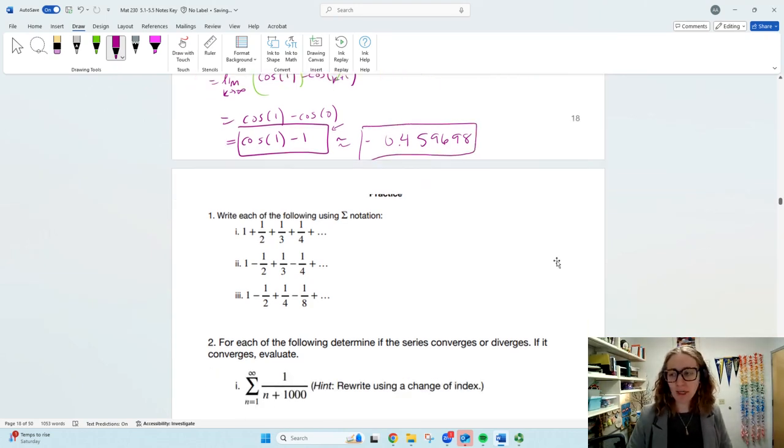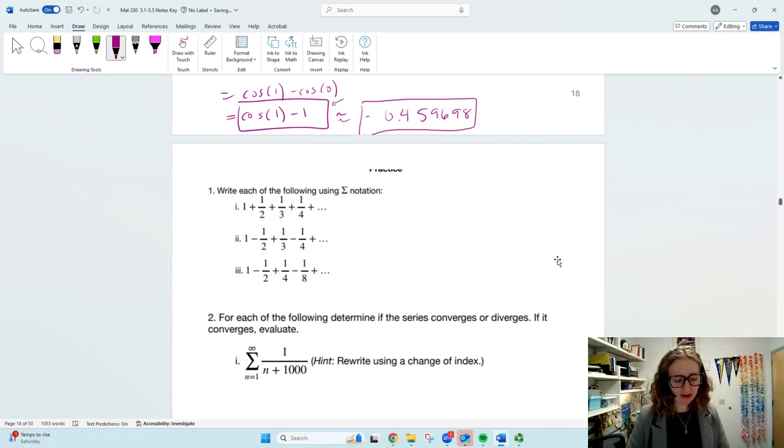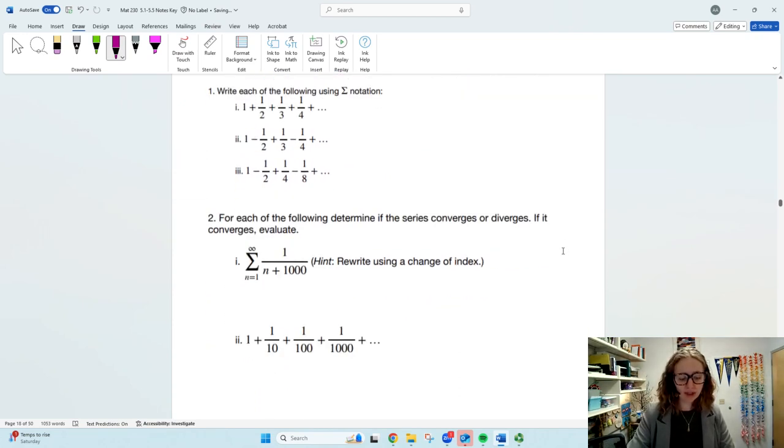Now you do have some practice problems that you're going to be evaluating and turning in as a separate homework assignment. So I wanted to give you a few hints on those. Right here on these first few, I would try to decide what is changing and see if you can look at a pattern depending on what your term is.